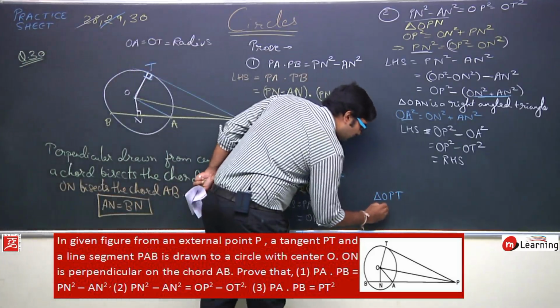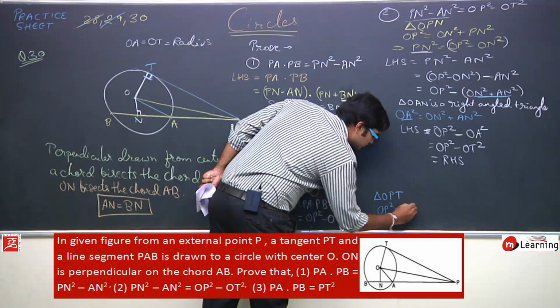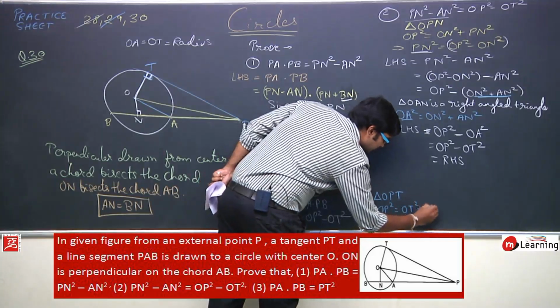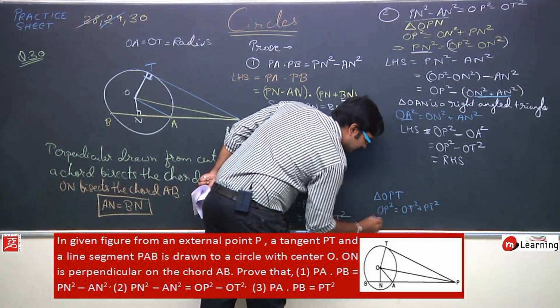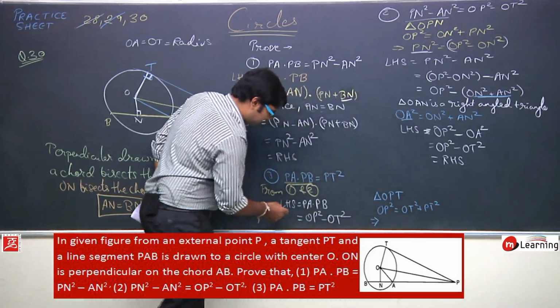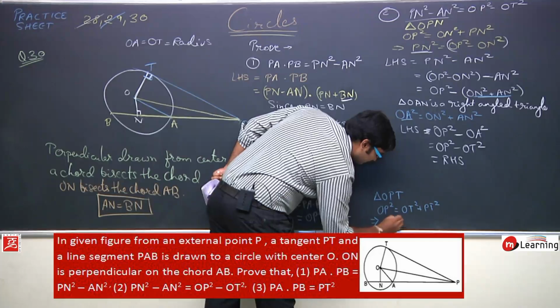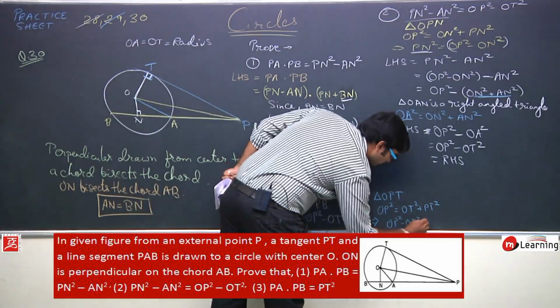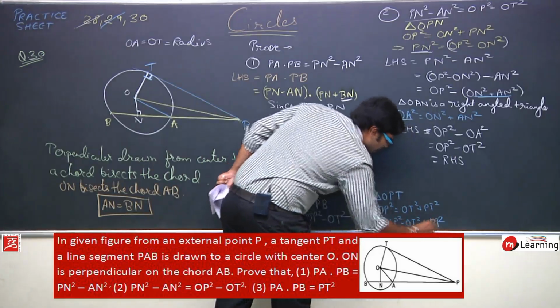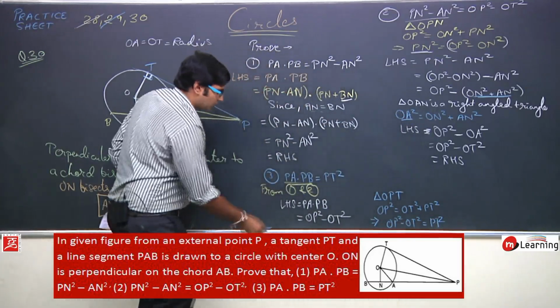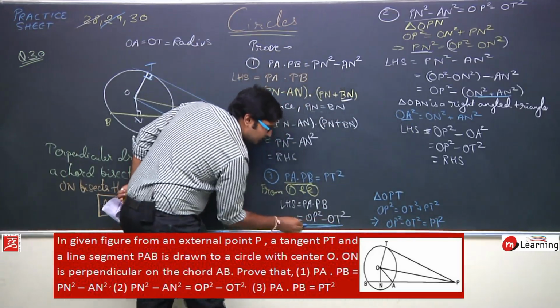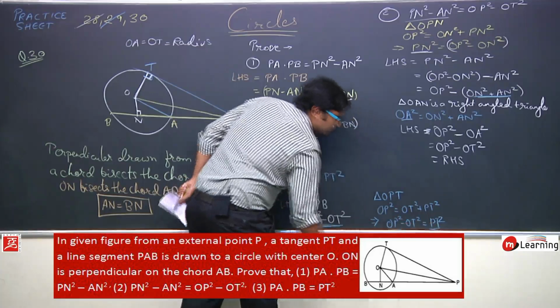So I can write OP square is equal to OT square plus PT square. So it implies that OP square minus OT square is equal to PT square. Now in place of OP square minus OT square, I can write PT square.